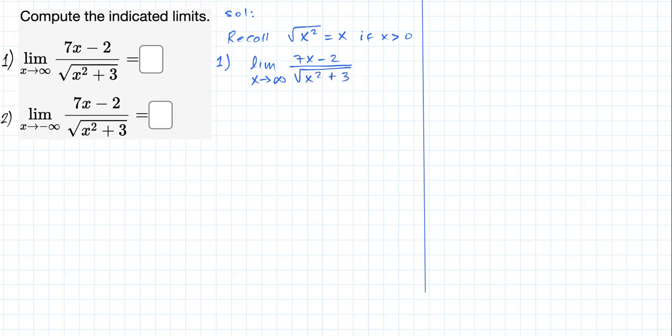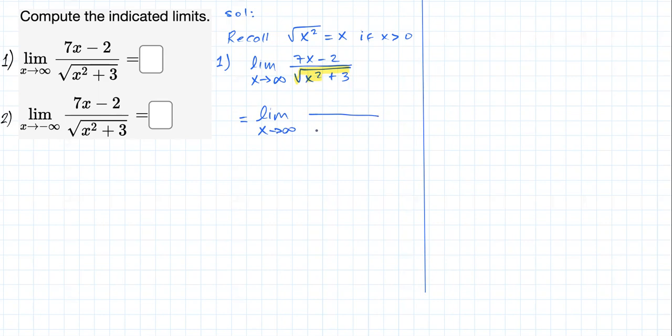Now, we have a technique to deal with these limits at infinity, right? Which is identify the highest power on the denominator, which is clearly x squared. But notice this square root appears here. So we must divide both numerator and denominator by the square root of x squared.